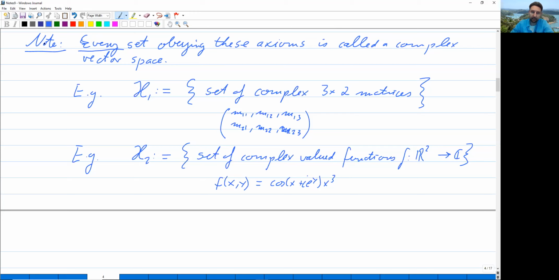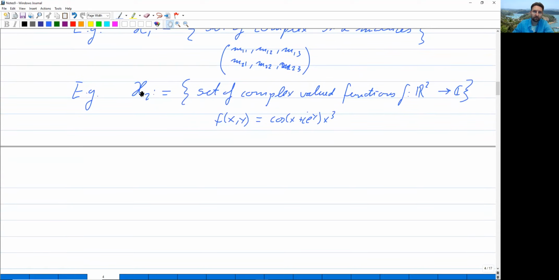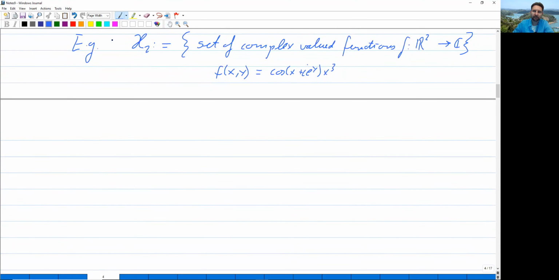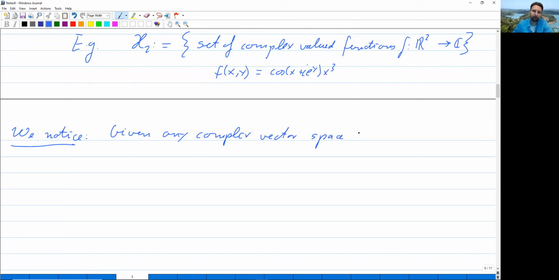And now we'll get to one of the most important examples here, which is something that we should now notice, namely that given any complex vector space, so it could be any one of the two above examples, or really any other complex vector space.